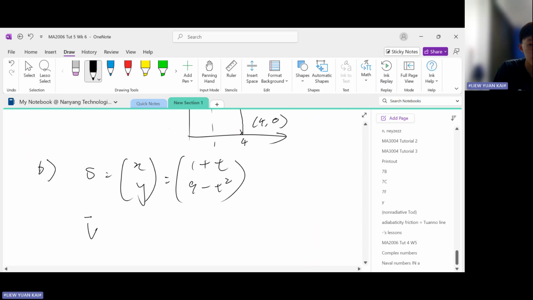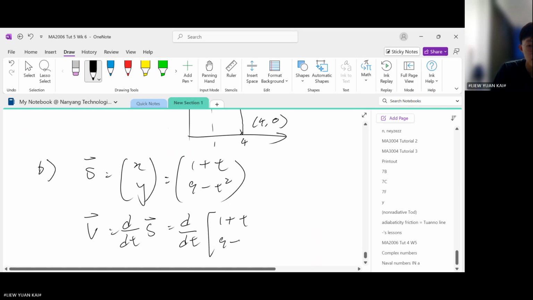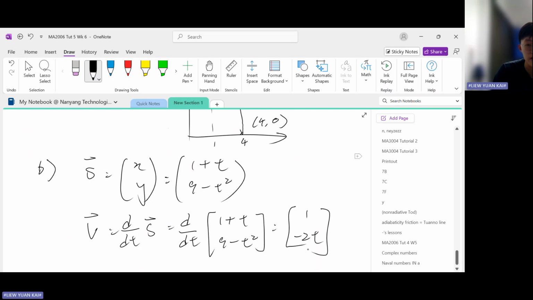Now we want to find velocity, which is the time derivative of displacement. So you take the time derivative of this column vector. Now differentiate each entry with respect to time. So this is your velocity vector.